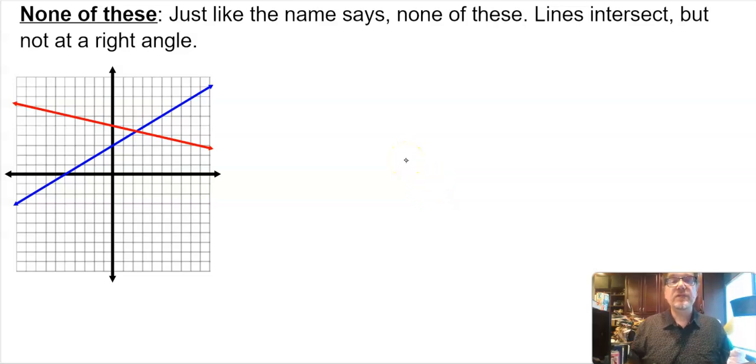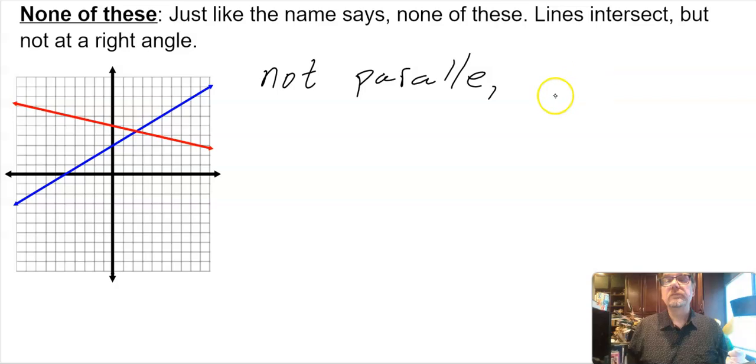And then none of these are, just like the name says, neither parallel nor perpendicular, nor coinciding. So they just intersect, but they don't make a right angle. These are lines that are not parallel, so that means the slopes are different.